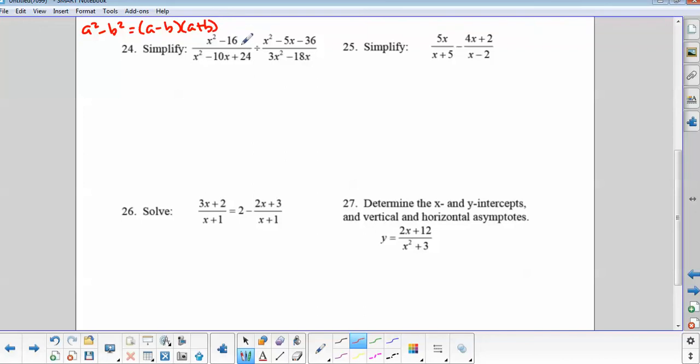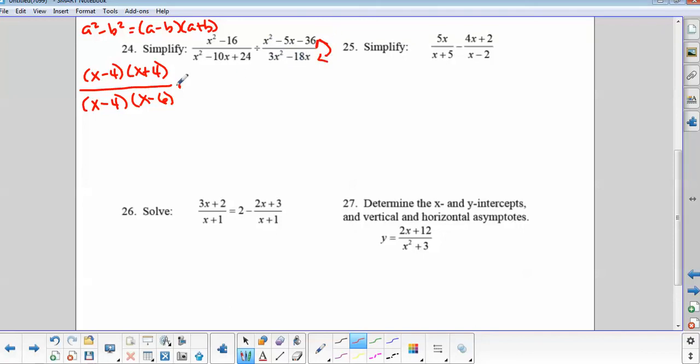So since 16 is the square of 4, this will be x minus 4 times x plus 4. Here we need the numbers that multiply to 24 and add to negative 10. And then here, we're going to change division to multiply, and we're going to flip.